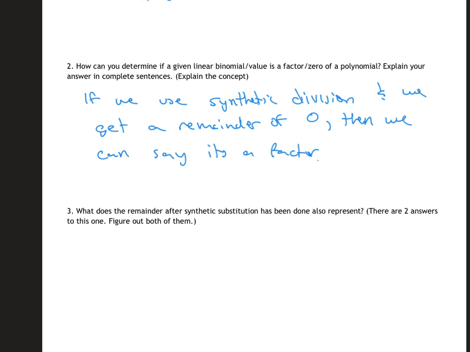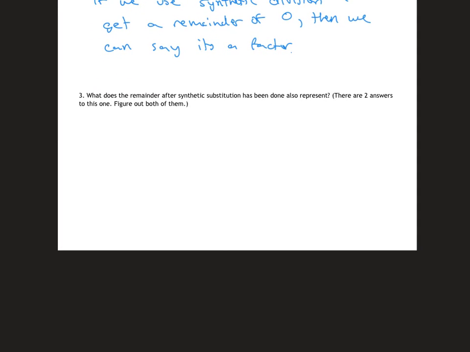What does the remainder about synthetic substitution, once it has been done, also represent? So first thing, it can tell us if it's a factor or not. Remember, if it's a factor, it's equal to 0, not equal to 0, just by looking at the remainder. Second thing is if we do substitution, synthetic substitution, I'll write that out.